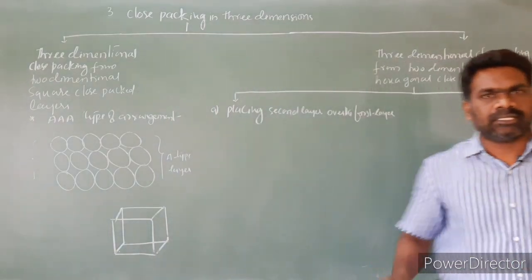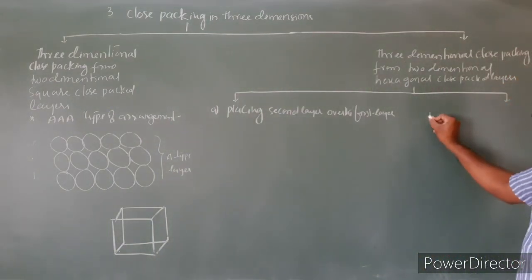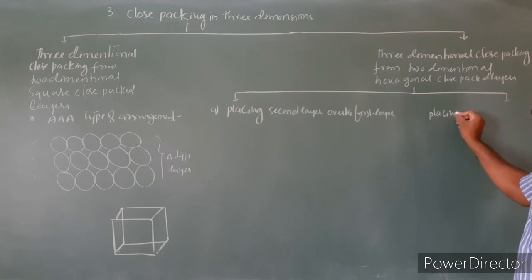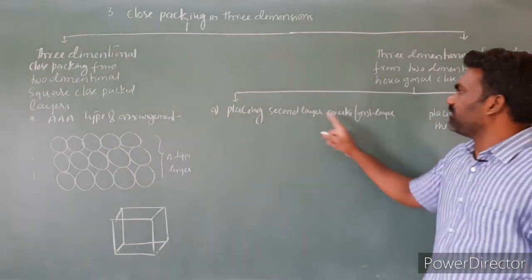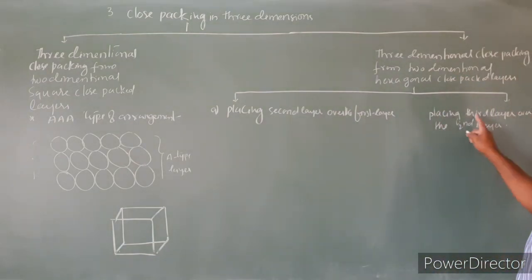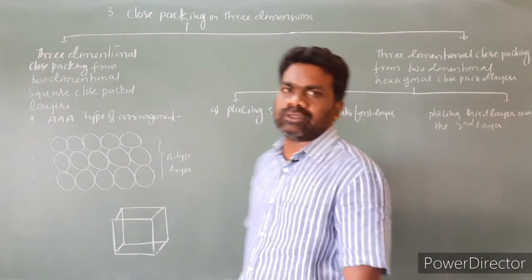The second one is placing the third layer over the second layer. So placing the second layer over the first layer and placing the third layer over the second layer, two different ways.